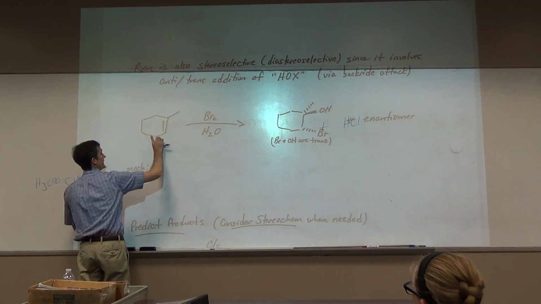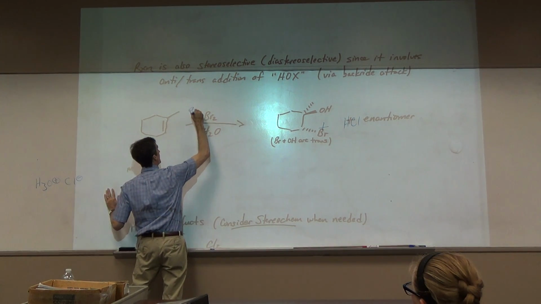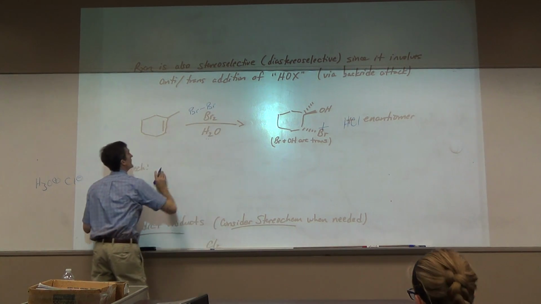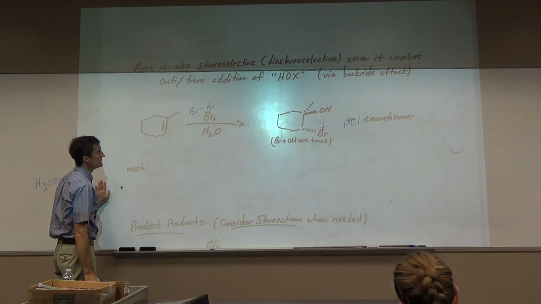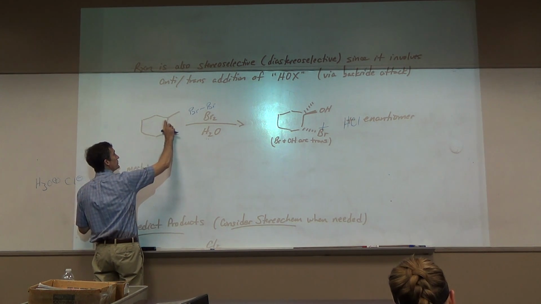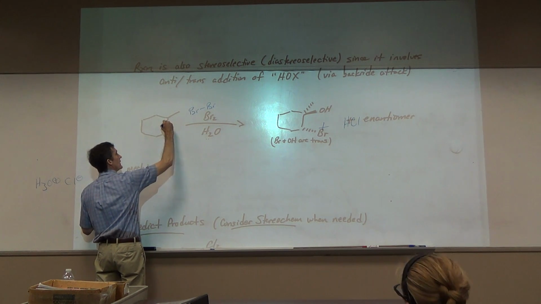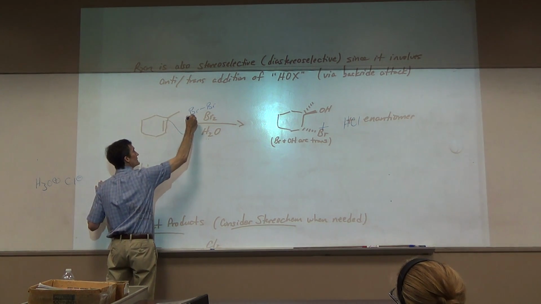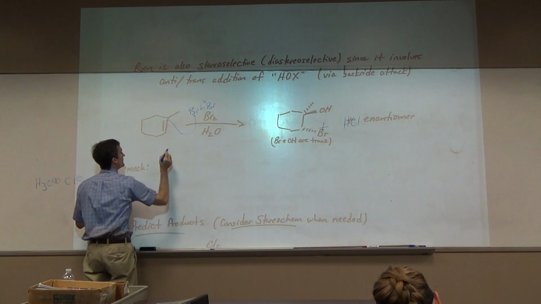Okay, where are we going to make the cation? This attacks bromine. Cation top or bottom? Top. So this pulls away from the top and attacks the bromine. Kick that one off.